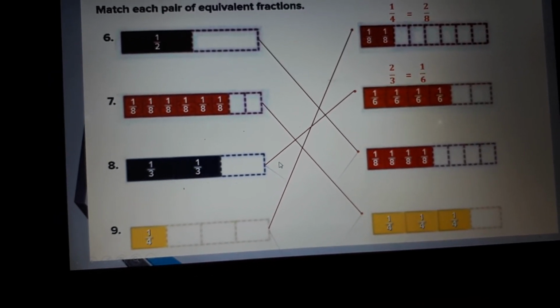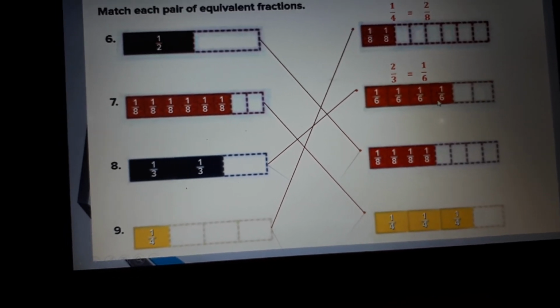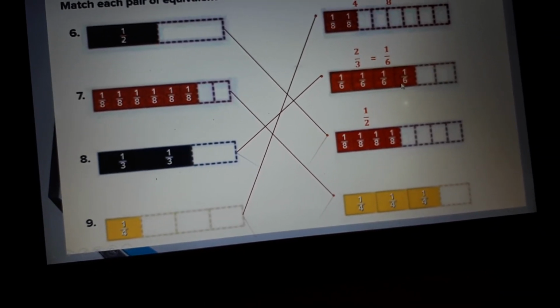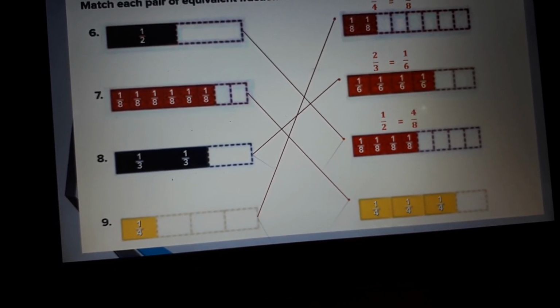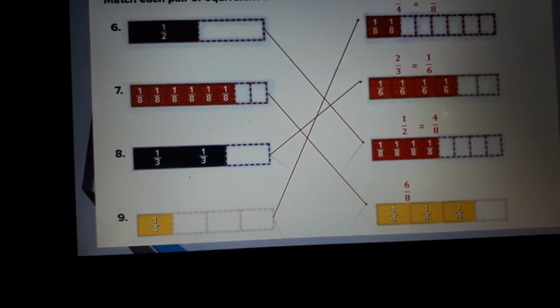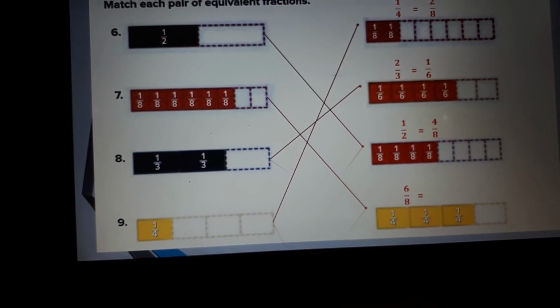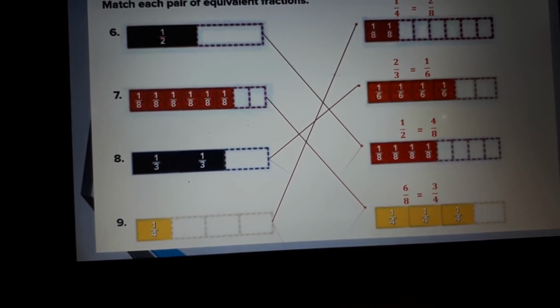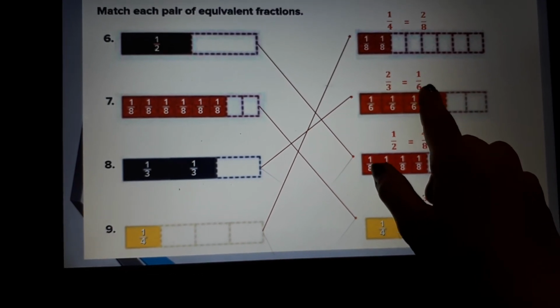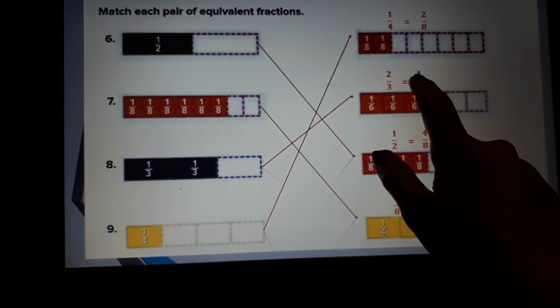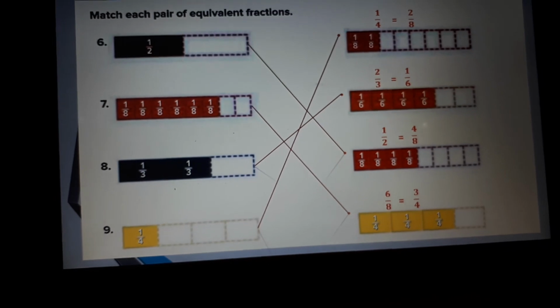Oh, here I have a mistake. It's 4, not 1. 1 over 2 equals 4 over 8. And 6 over 8 equals 3 over 4. Don't forget here it's not 1. Okay, it's 4. 4 over 6.